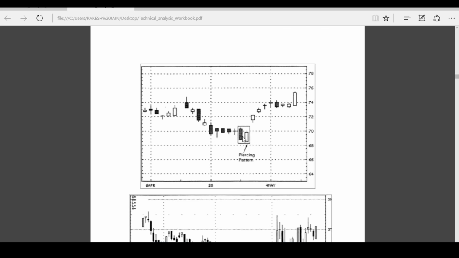Now there is a lot of psychology. See, this is a piercing pattern. It's a downfall. Lot of black candles here. It's a black candle. The next day, it's a white candle. Okay, volume does play a very important role. It's not that volume itself can be considered as the major play.